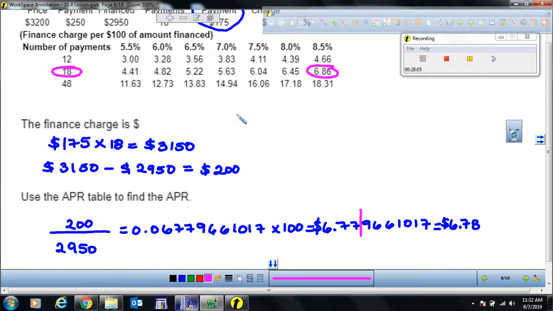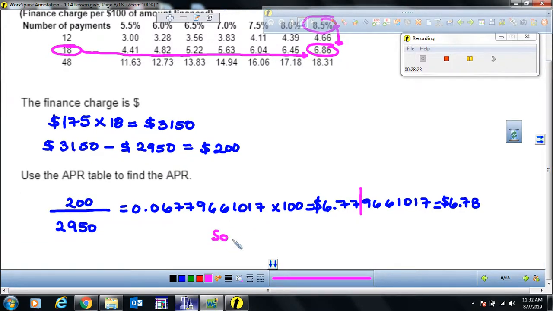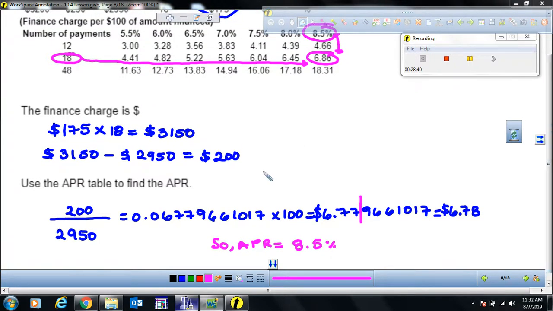The connection of this to this tells us that this is going to be the APR, 8.5%. So APR is equal to 8.5%. All you're going to do is find the closest amount of dollars to that, if you don't find the exact number of dollars in the table. Okay.